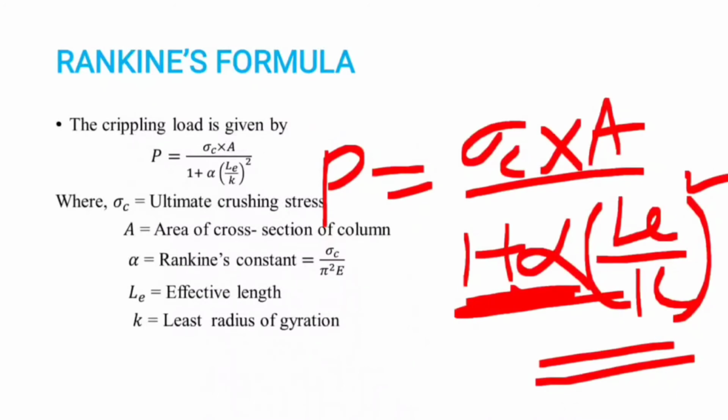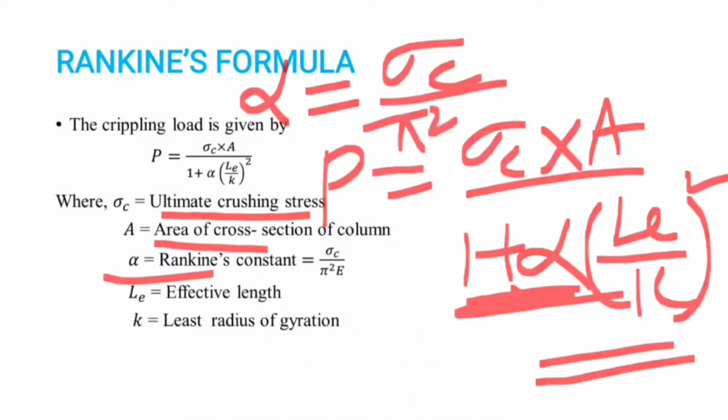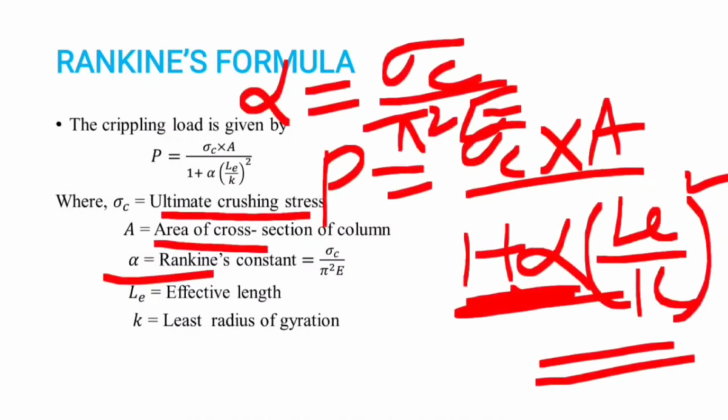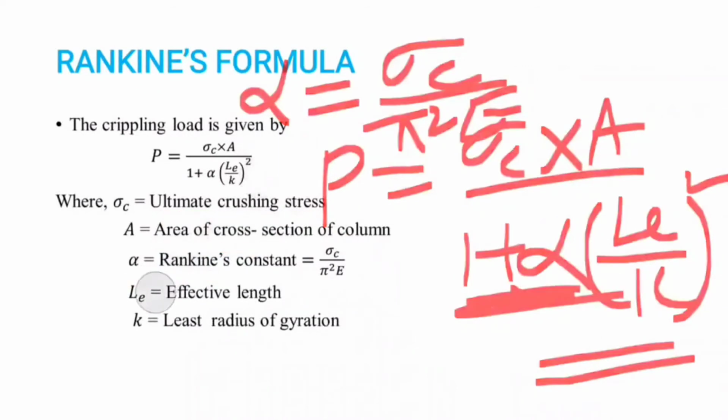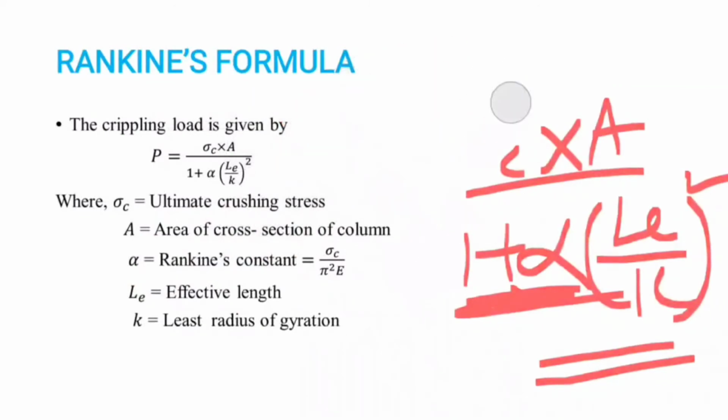Sigma C is the ultimate crushing stress, A is the area of cross section of the column, alpha is Rankine's constant. Rankine's constant is equal to sigma C by pi square E. If alpha is not given, sigma C is given and E we know, then we calculate the alpha value and substitute it in the formula to get the crippling load. LE is the effective length, K is the least radius of gyration.